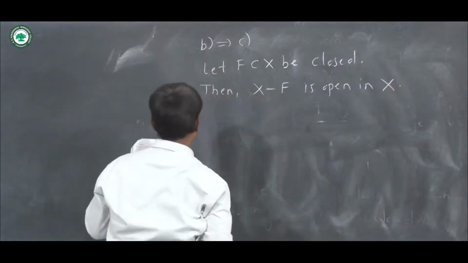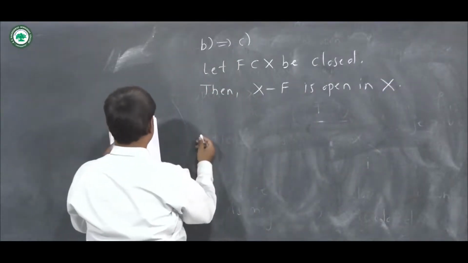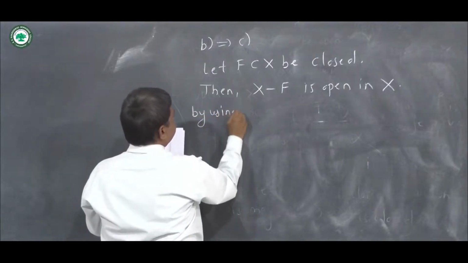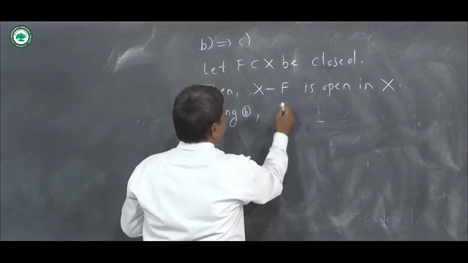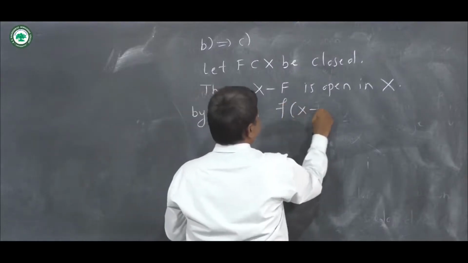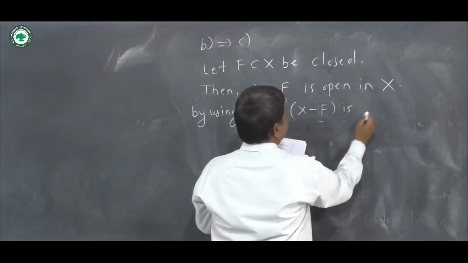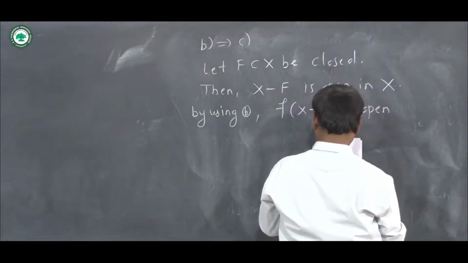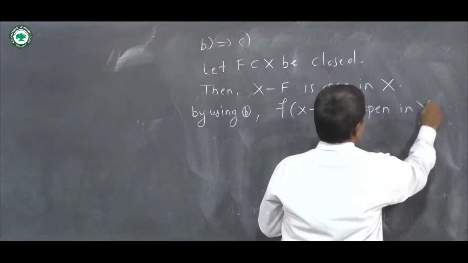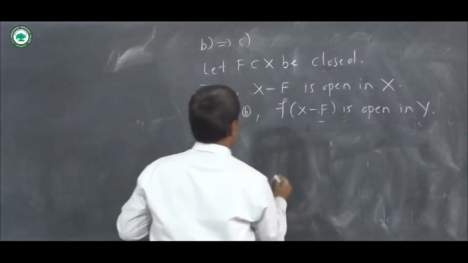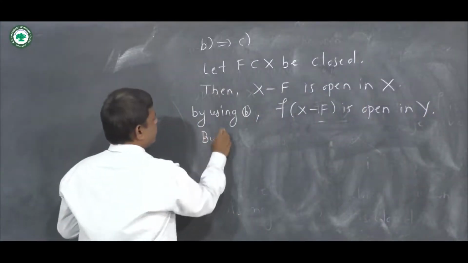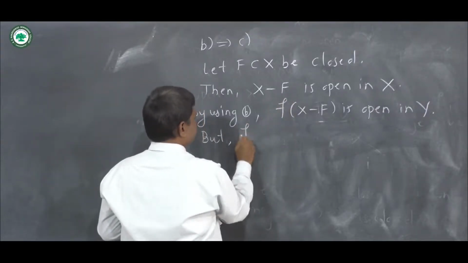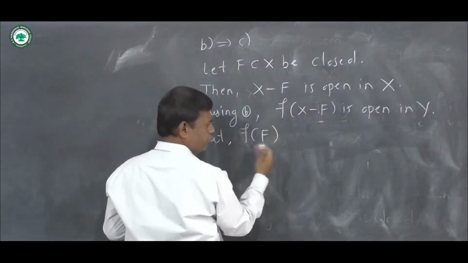Now by using statement B, the image of this set, that is the image of the complement of F, is open in Y. But remember, F and F complement are disjoint, and function f is one to one and onto.